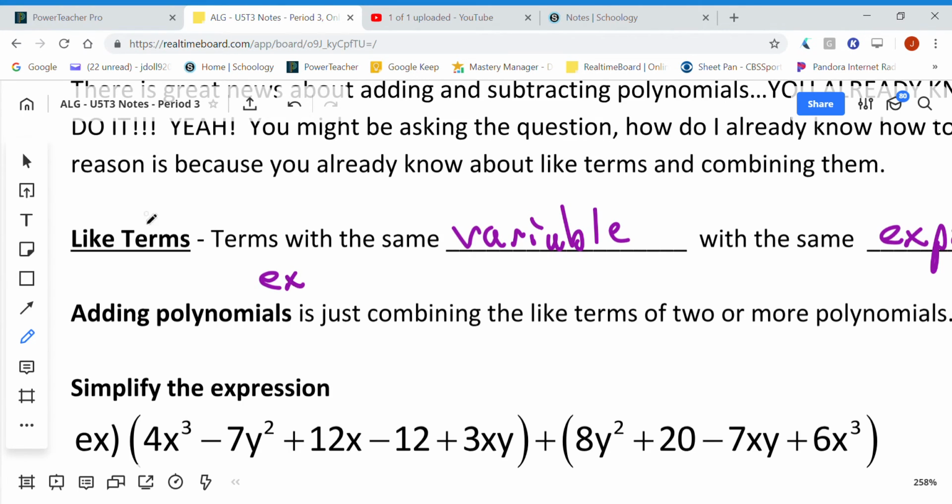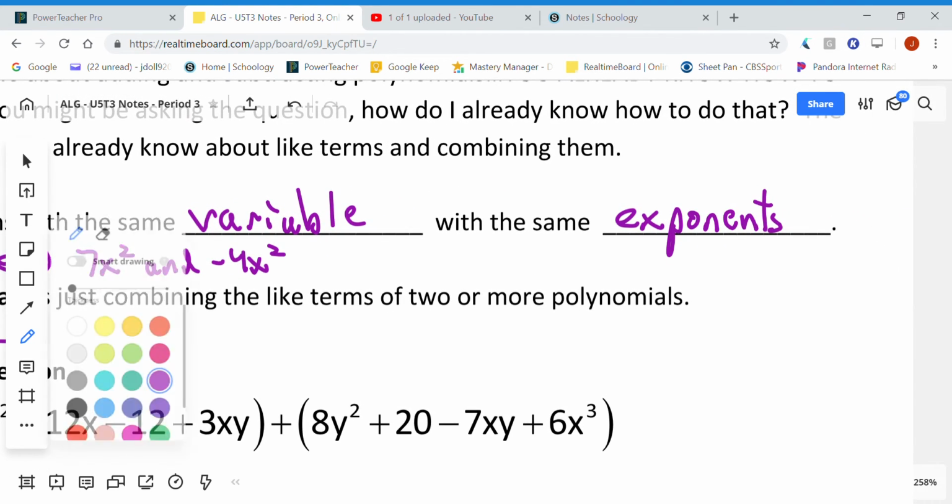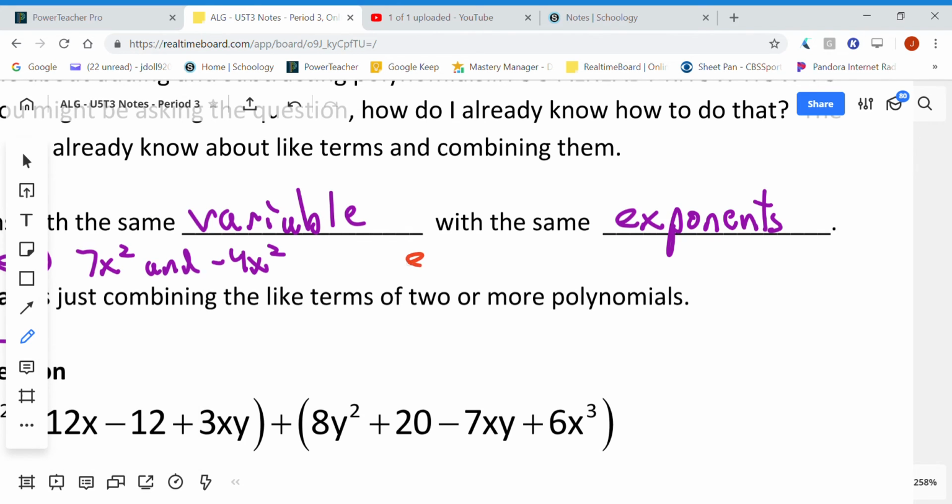Just a quick example here, 7x squared and negative 4x squared are like terms, all right? And then just to show you a situation that's not good, 8y and 3y squared are not like terms, right?